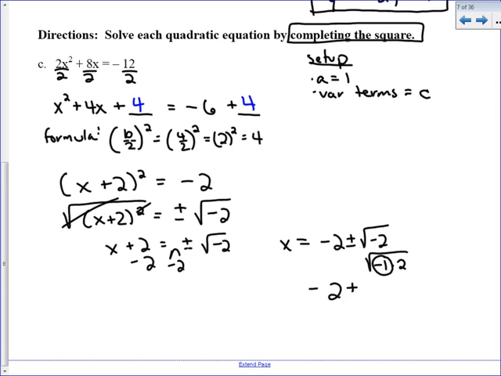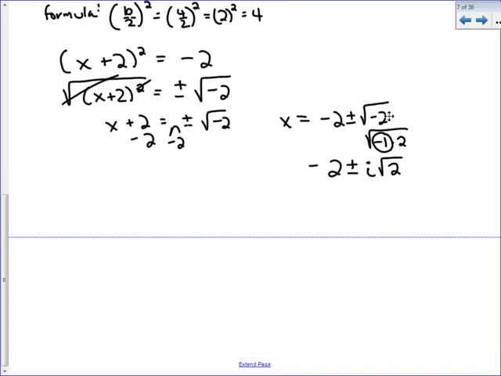So it's negative 2 plus or minus i square root of 2. If you have the square root of a negative, just put your i out front of the square root, and then the radicand becomes positive. And again, don't try to fling that i over with the first 2. It stays with its square root buddy after the plus or minus.